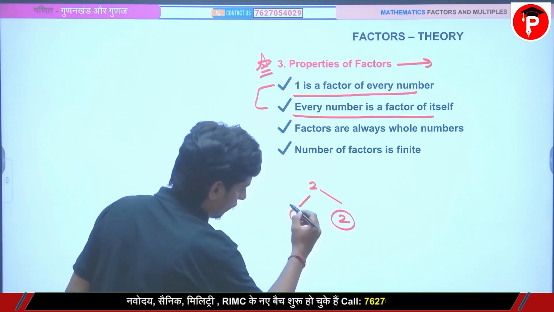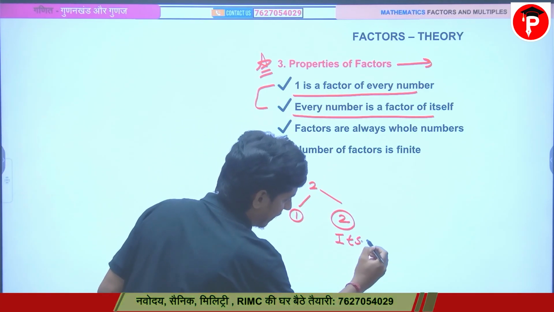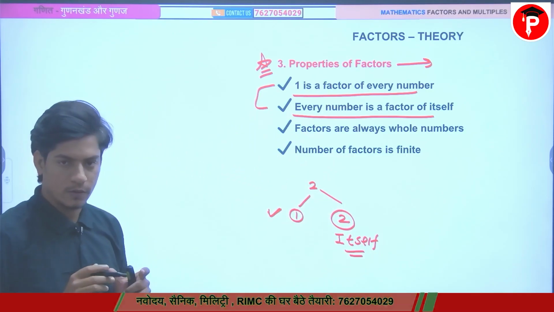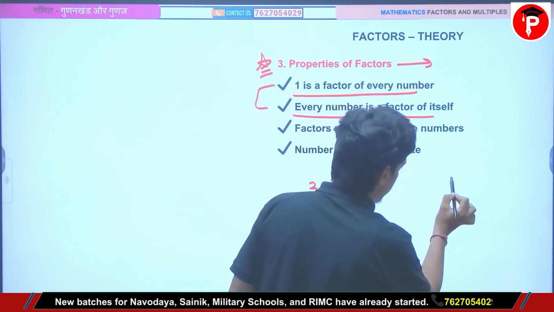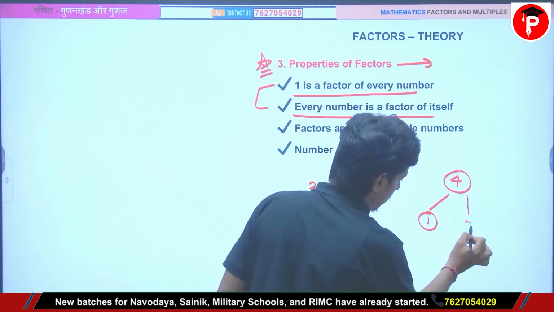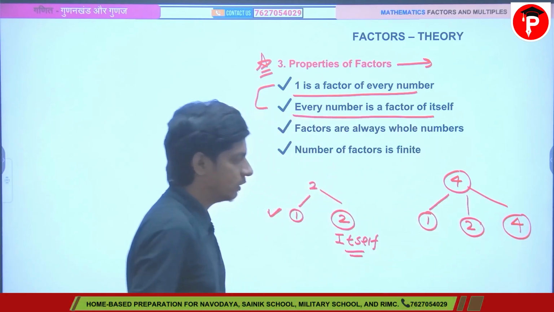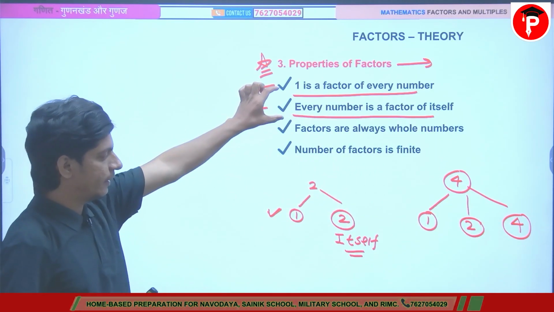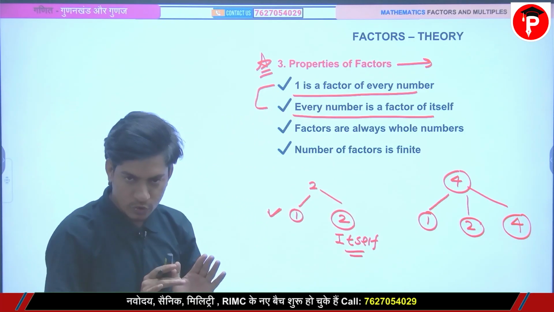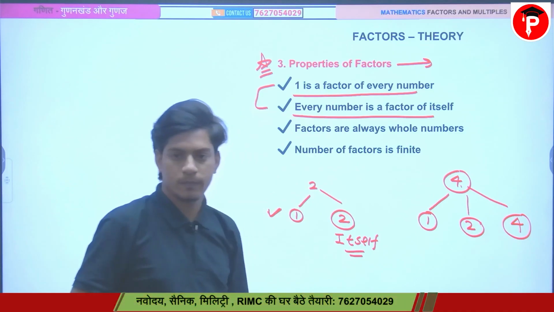It means 1 is a factor, and the number itself is a factor of 2. If you look at another example, 4, it has 1, 2, and 4 itself is a factor of 4. These two statements are telling us: 1 is a factor of every number, and every number is a factor of itself.